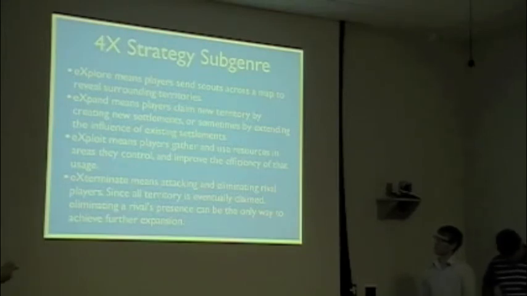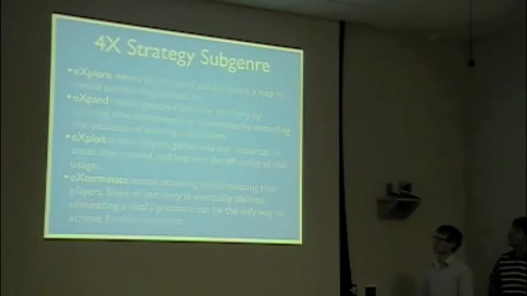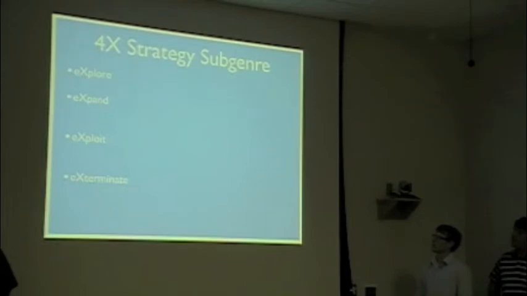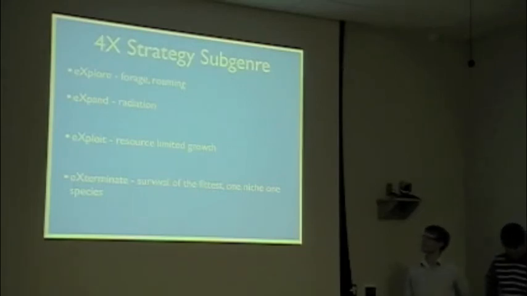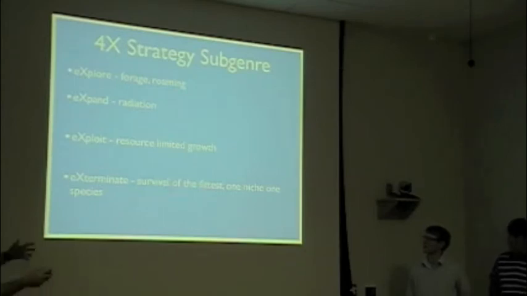And the cool thing is strategy games have this subgenre, which is called the 4X strategy subgenre, which has 4 key elements: explore, expand, exploit, and exterminate. That perfectly aligns with what we understand as ecology. It just so happens. Explore means, of course, you forage, you roam around, you explore your environment as an animal to find new things.